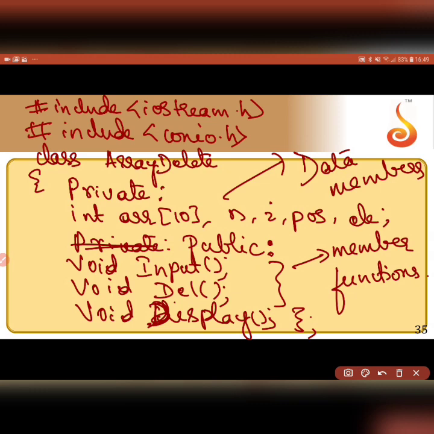Because when you delete something, the array size is reduced by 1, and then void display will display the array after deletion. Getting it? Yeah. Please have a look and make a note of it.